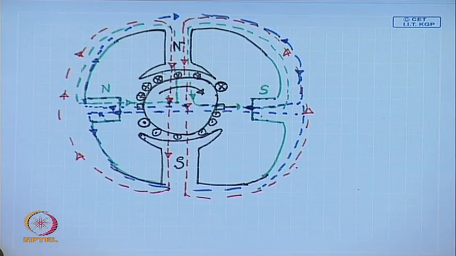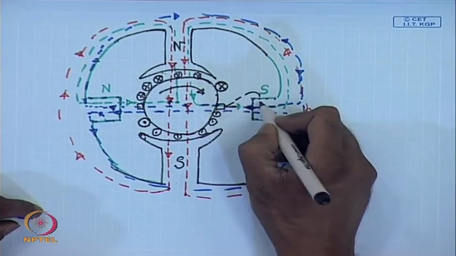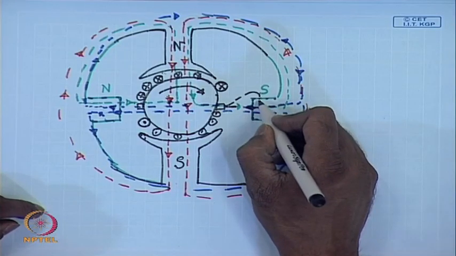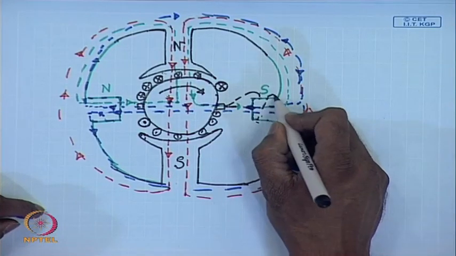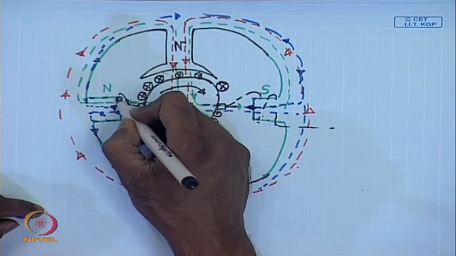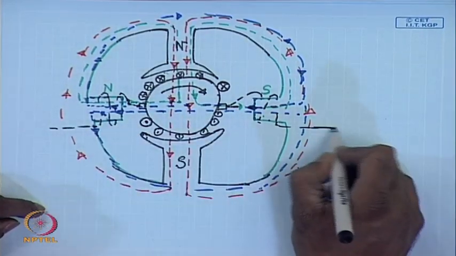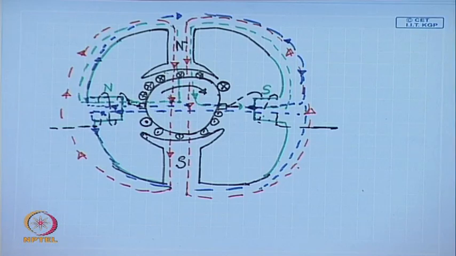And since the interpole is supposed to compensate the armature reaction flux, these are excited by the armature current, that is the coil on the interpole is connected in series with the armature winding, so that at all load conditions it can cancel the armature reaction flux.